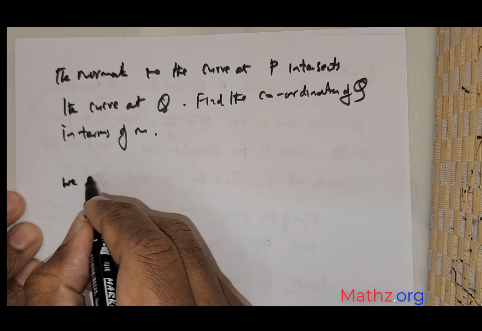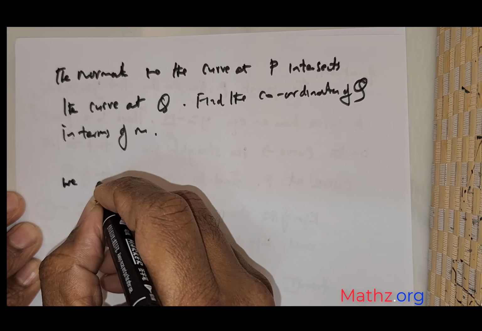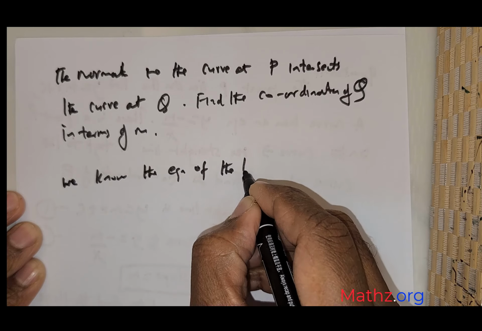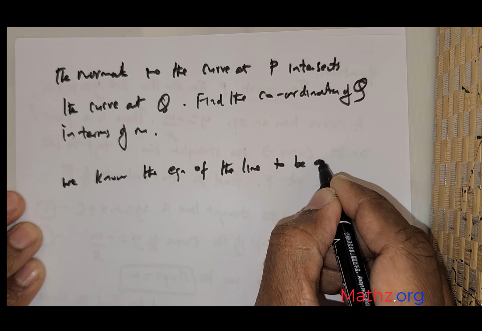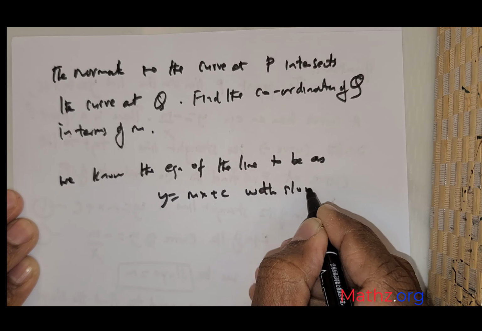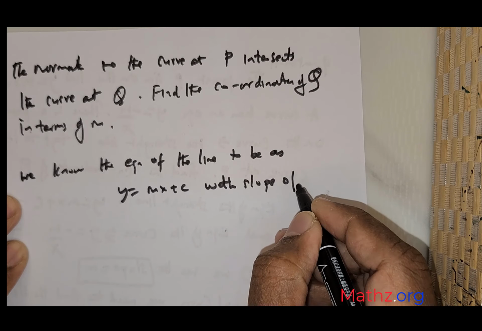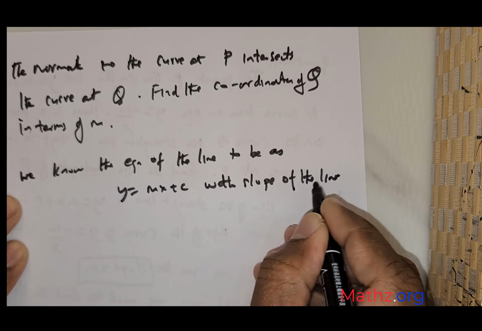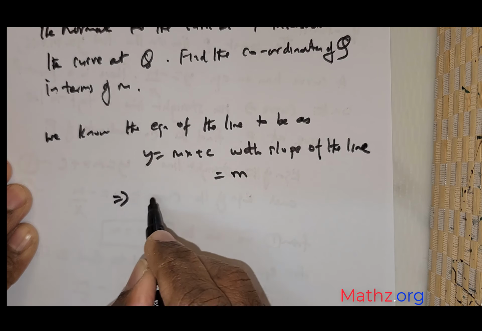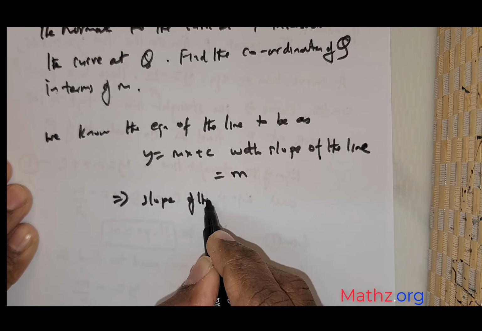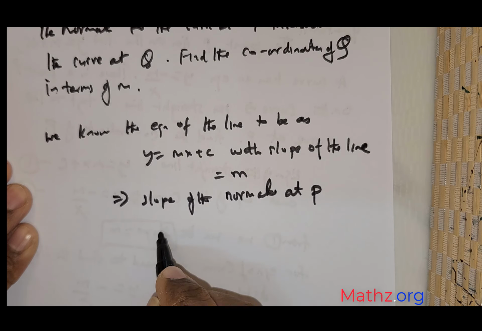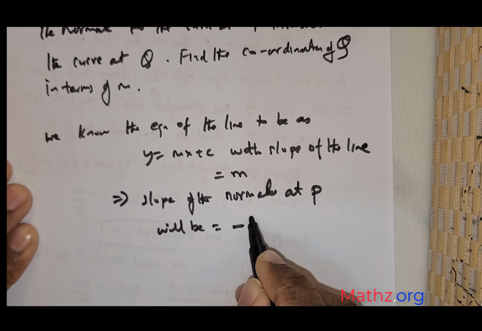Now we know the equation of the line, y = mx + c, with the slope of the line being equal to m. So this would mean the slope of the normal at P will be equal to -1/m.